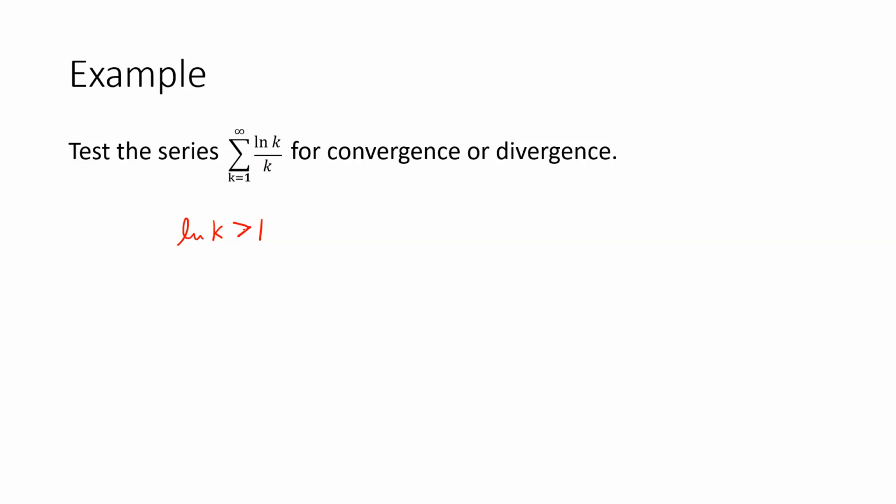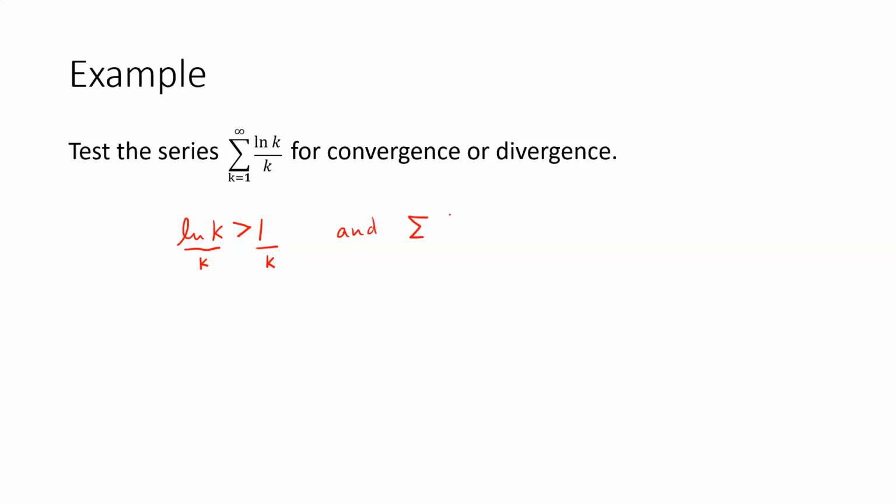And therefore ln of k over k will be greater than 1 over k. So that tells us now we should make our comparison with the series 1 over k.